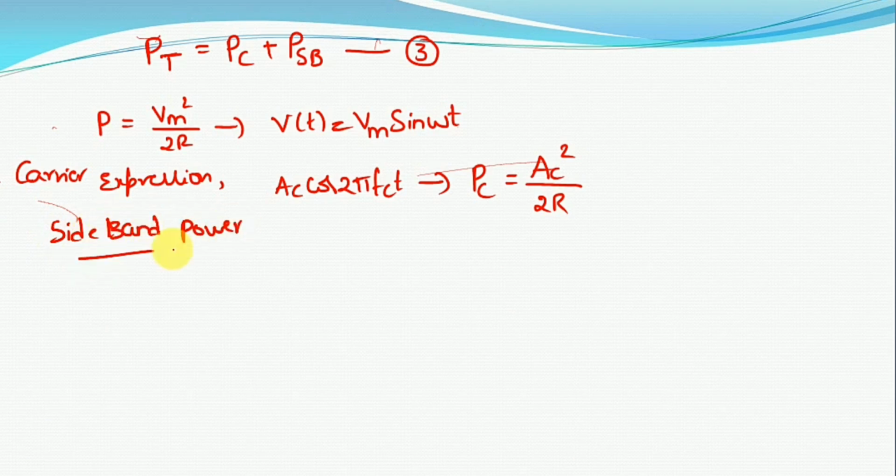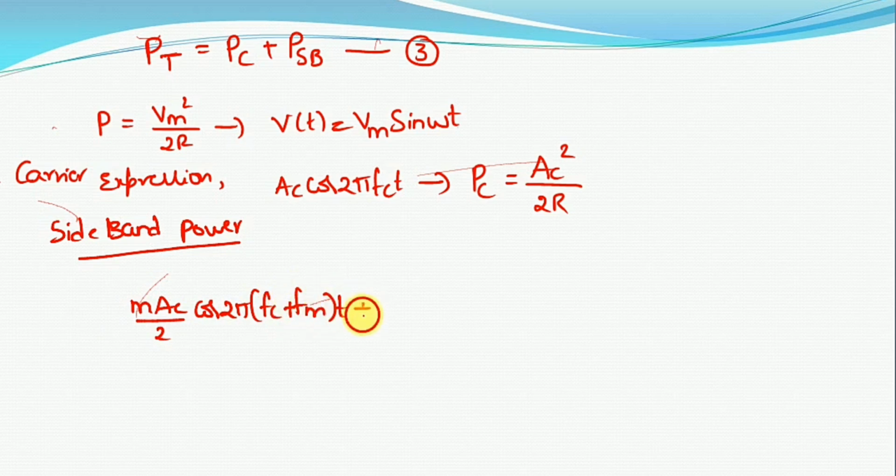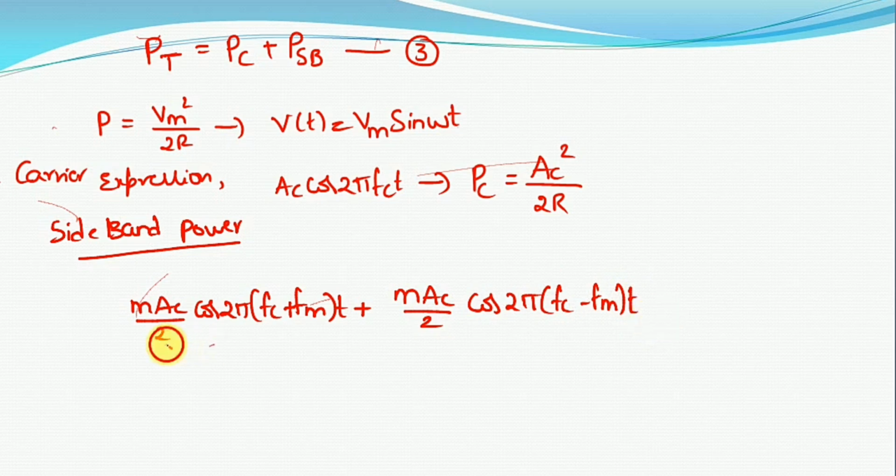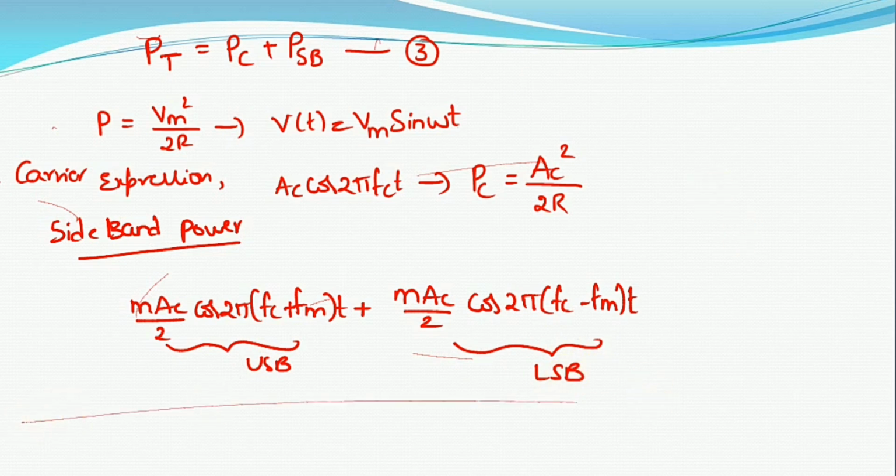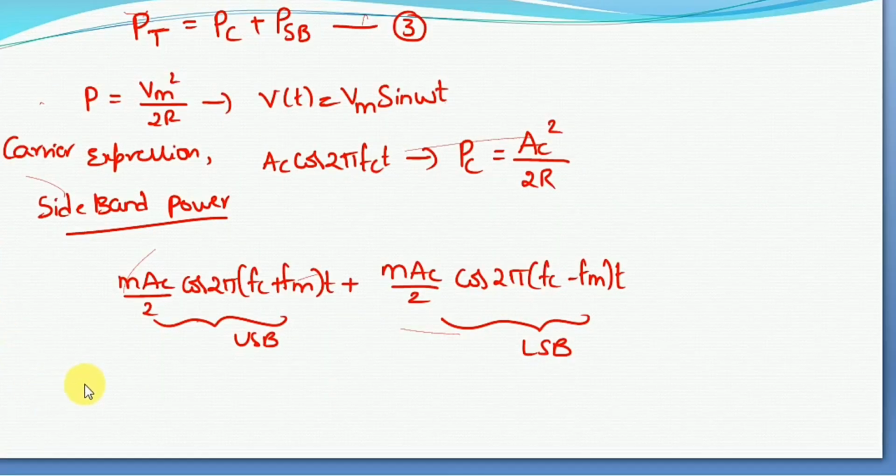Okay, so the sideband expression is m into AC by 2 cos of 2 pi (Fc plus Fm) T plus m into AC by 2 cos of 2 pi (Fc minus Fm) T. So this is the upper sideband component and this is the lower sideband. If I find out the upper sideband power, then for this upper sideband expression, what is the amplitude equation?